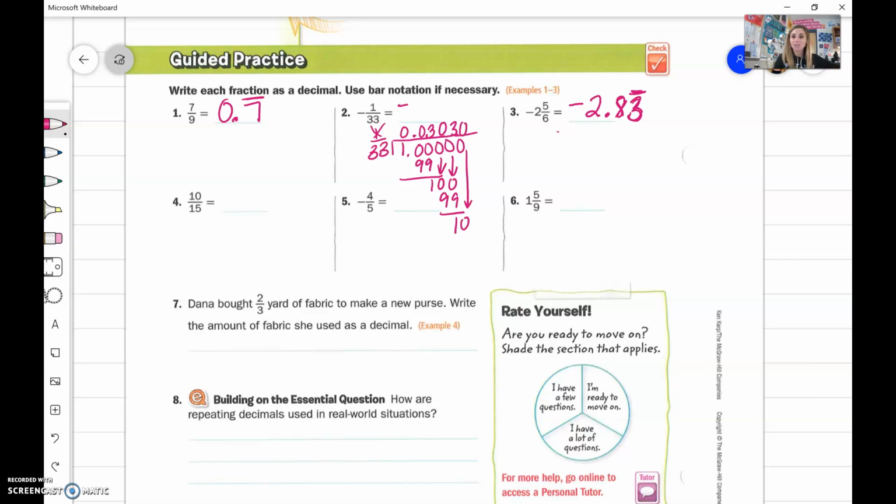The same thing is going to keep repeating. 0.030303 all the way through. So if it's negative, we're going to keep it as negative, and we're going to have it be negative 0.03 with the bar notation over the 03, because that is what is repeating itself. The 0 and the 3 is repeating itself.